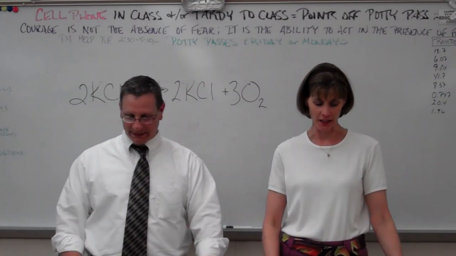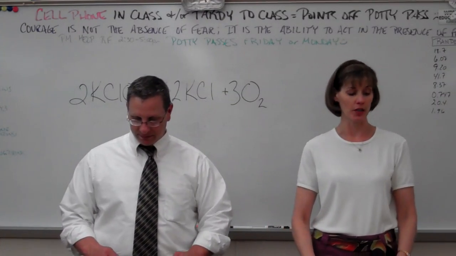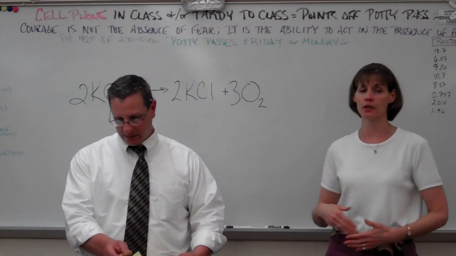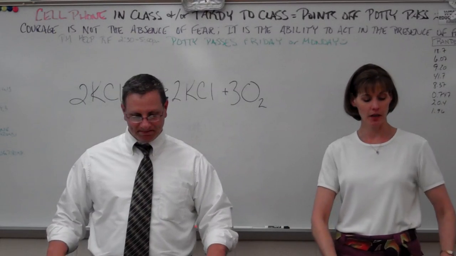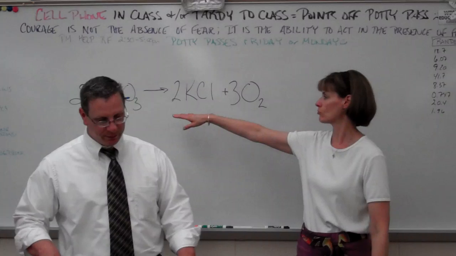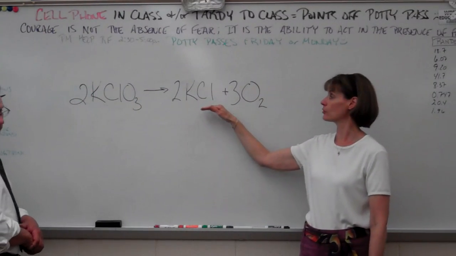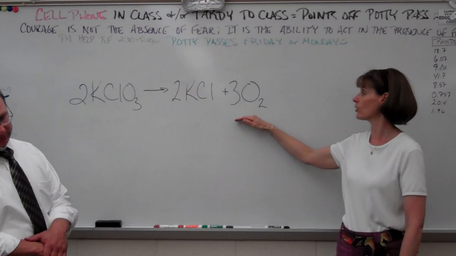Alrighty, moving on. Identify a mole ratio in a given balanced equation. So we have this balanced equation here on the board, and we're going to refer to that one many a time in these sample problems. 2 moles of KClO3 forms 2 moles of KCl and 3 moles of O2.